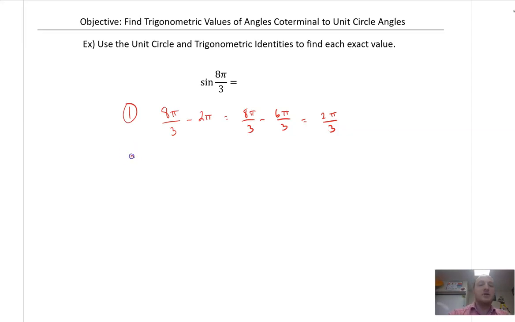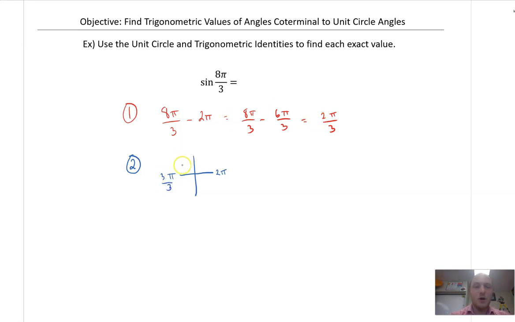All right, now step 2, what they outlined for us is, where does this terminate? Where does 2 pi over 3 terminate? What I tell my students is I always use pi and 2 pi as reference markers. So pi in this case is going to be 3 pi over 3.